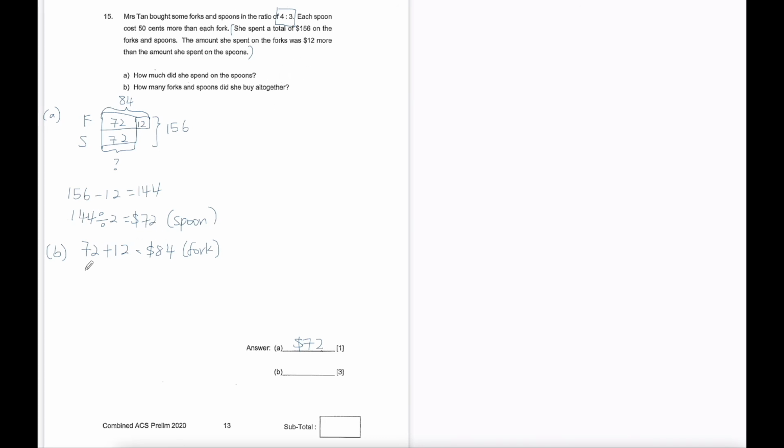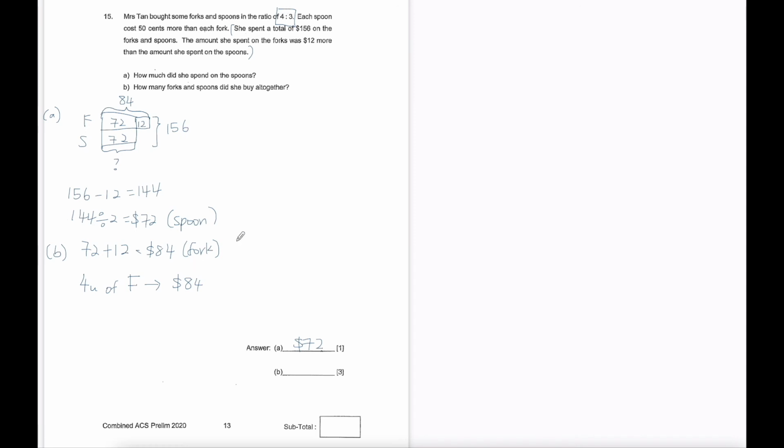So that means 4 units of fork, I'm going to put capital F, equals $84. We're just utilizing the ratio. One thing to note is that I do not know how many forks this is. I only know that it's 4 units.